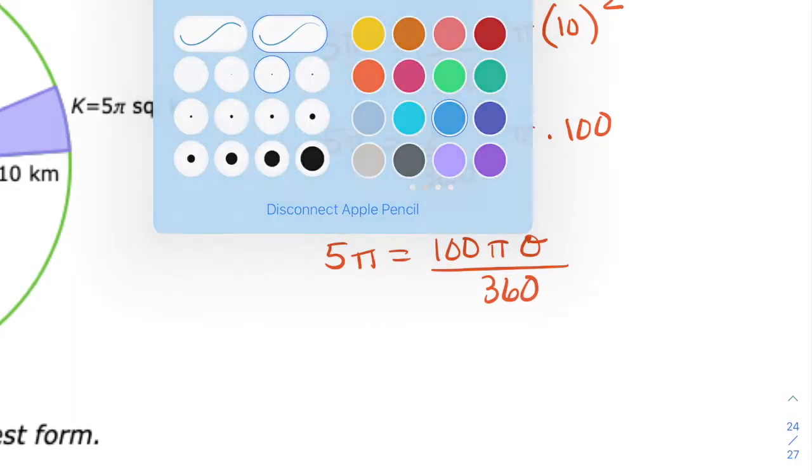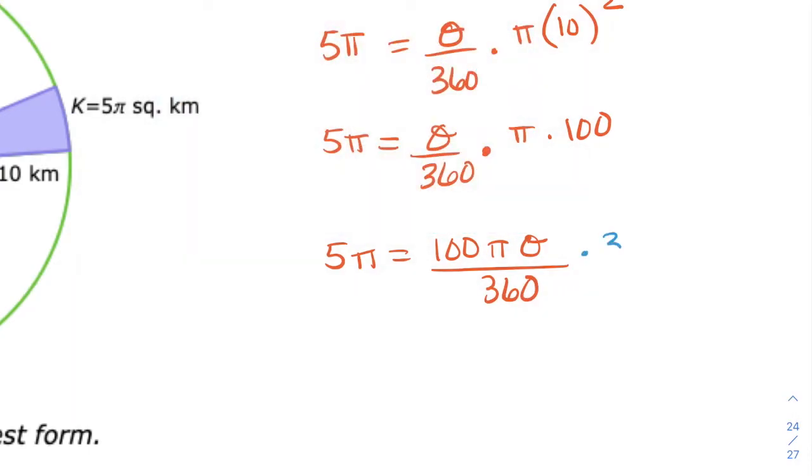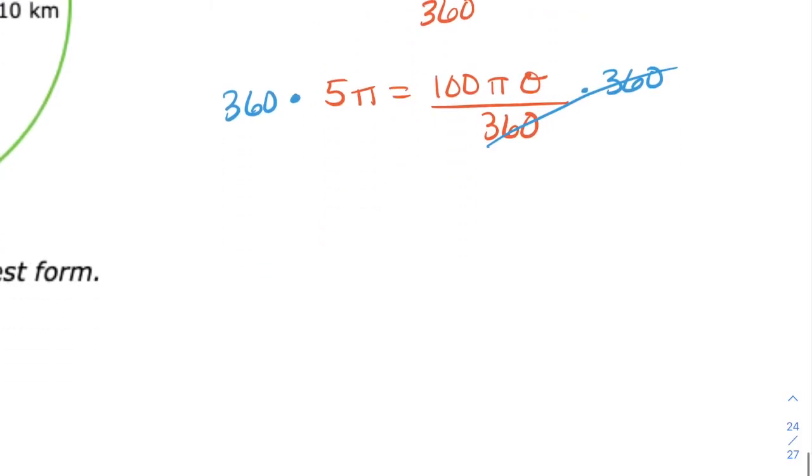Okay, next step, multiply both sides by 360. So 360 times 5 is 1800. So it's going to be 1800 pi equals 100 pi theta.